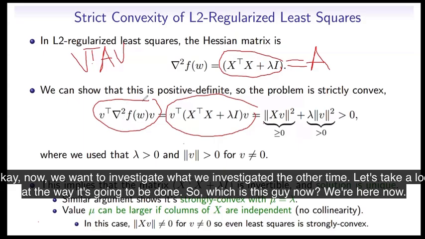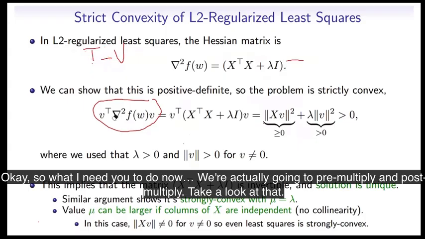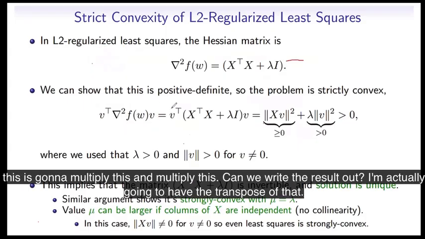Let's take a look at the way it's going to be done. We're actually going to pre-multiply and post-multiply. This is going to multiply this and multiply this. Can we write the result out? I'm actually going to have the transpose of that.